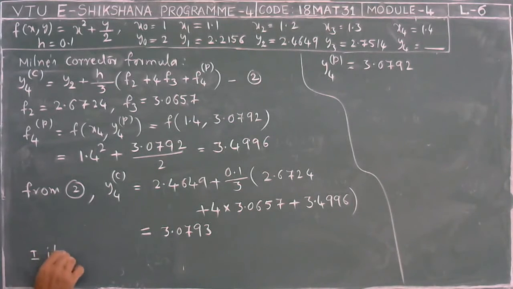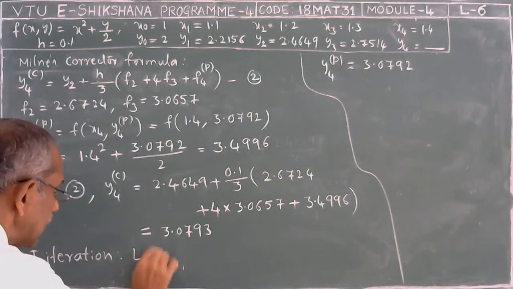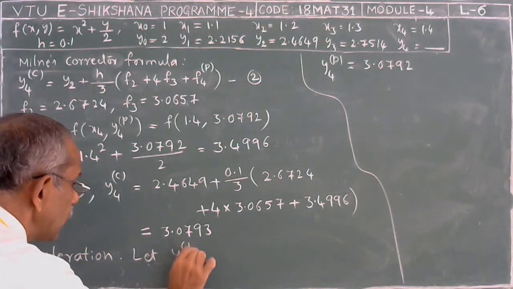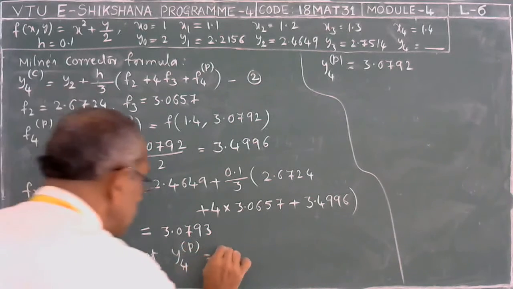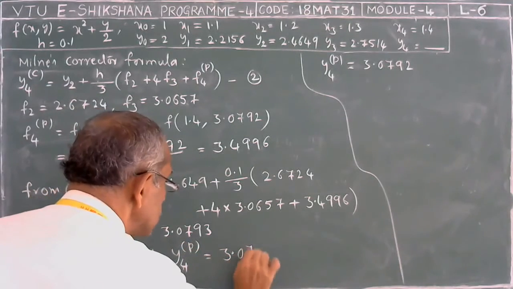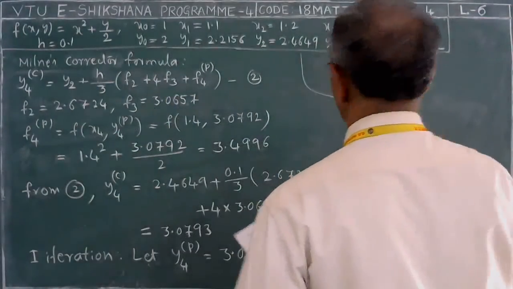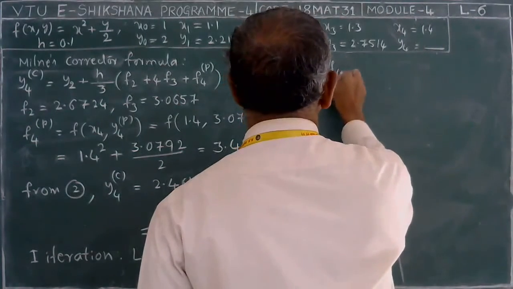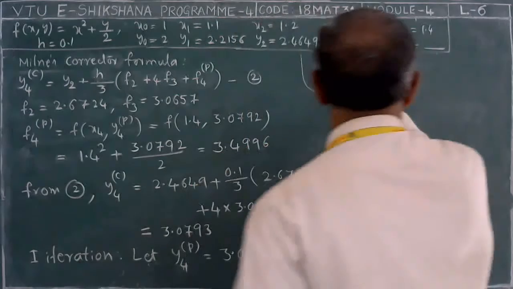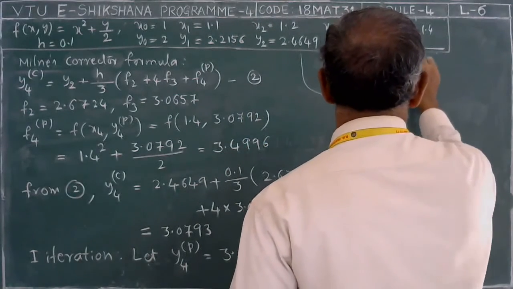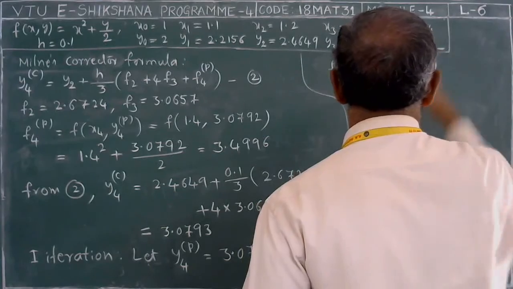Let us refine this in the first iteration. Here, let us assume that y4p is equal to 3.0793. Now you compute f4p. So f4p is equal to f of x4 comma y4p.